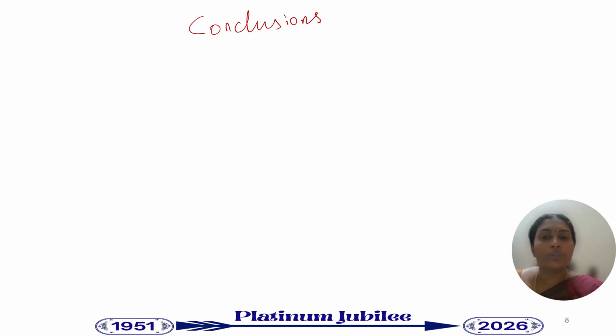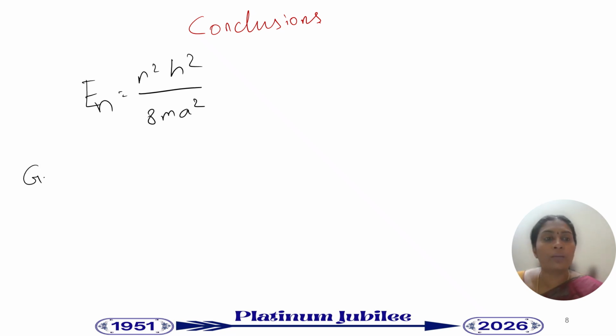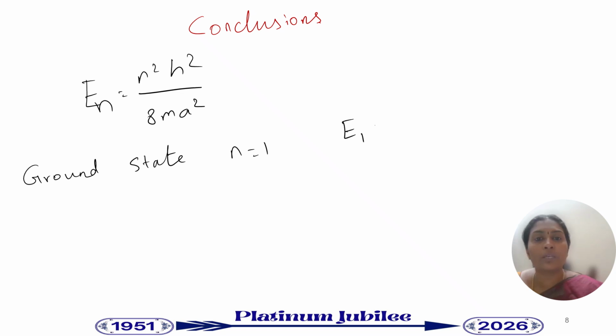Now we are going to see the conclusions of this energy eigenvalue. We know that the energy eigenvalue En is given by n square h square by 8m a square. Using this, we calculate the ground state energy of the particle. The ground state energy means we substitute n is equal to 1, so it is given by h square by 8m a square.